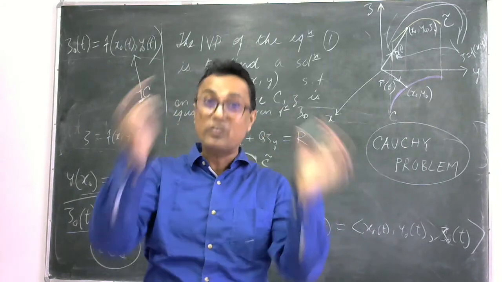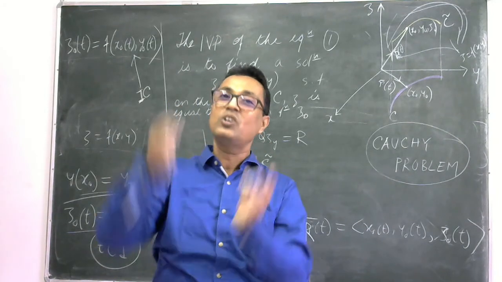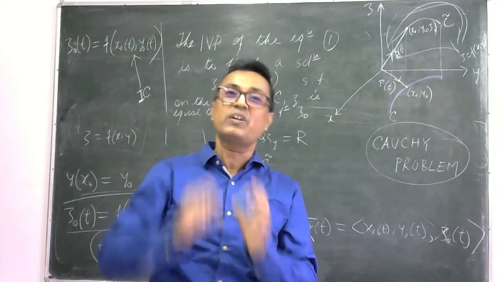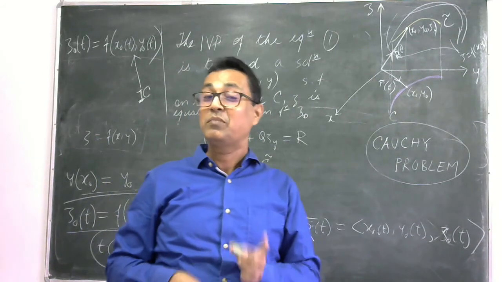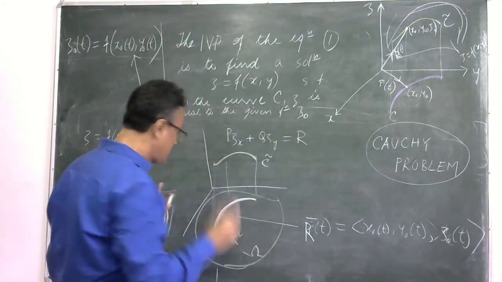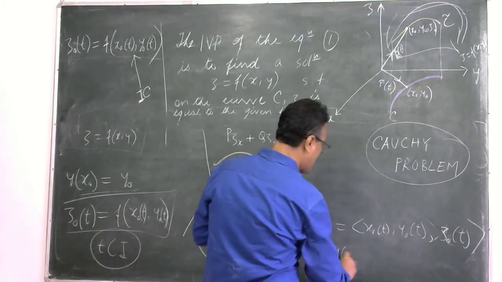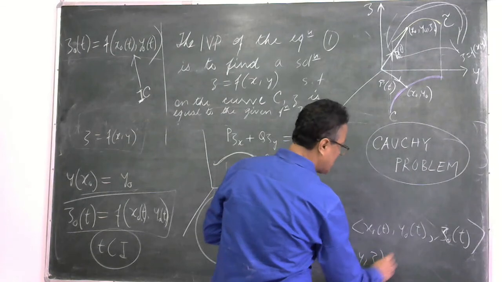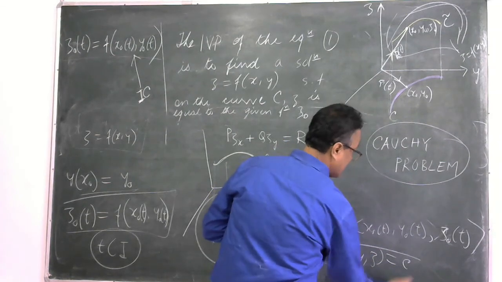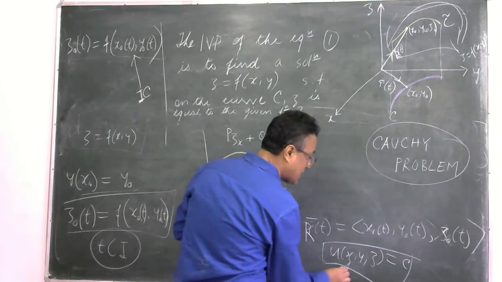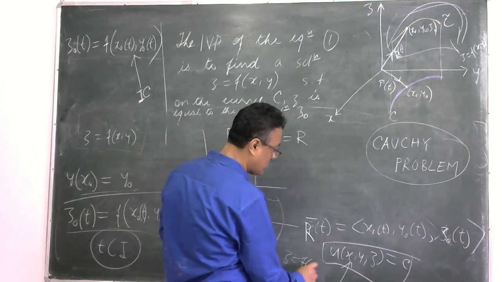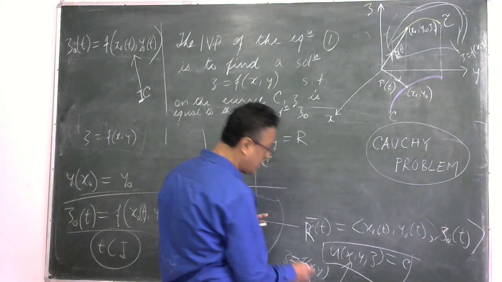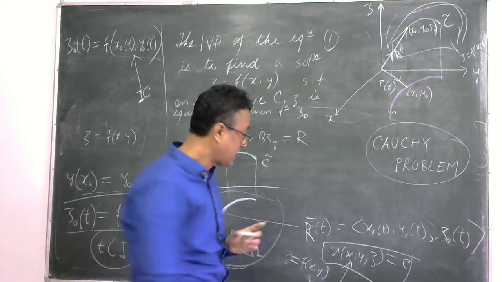Because we already know how to do it, exactly in that way, whatever we have learned, we are going to do it. But see the difference between what we did earlier, we simply considered something like this, but this has some hidden information in such a way that I should have been able to get something like z equal to f of x, y, right? So that is my point.